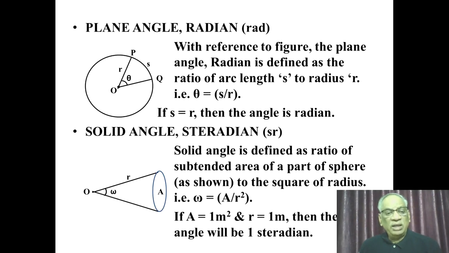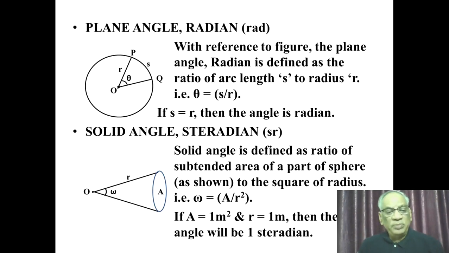Similarly, solid angle or steradian. Suppose in a sphere, when you cut a section, you can see a circular section. That is what is shown here, a part of the sphere, a section of the cut sphere. If the area of cross section is A, and it subtends an angle omega at the center, and R is the radius of the sphere, then the angle subtended omega is given by area by R square.